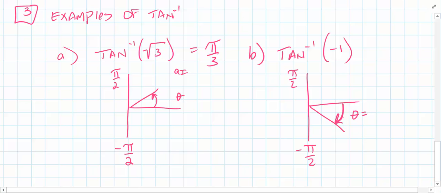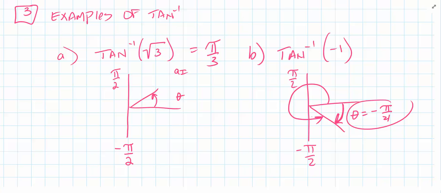This is a negative angle because it's clockwise. So I'm talking about a negative pi over 4, because it falls between negative pi over 2 and positive pi over 2. If I went all the way around at 7 pi over 4, I'd be going outside the domain and then coming back in. So we need to relabel that as negative pi over 4.